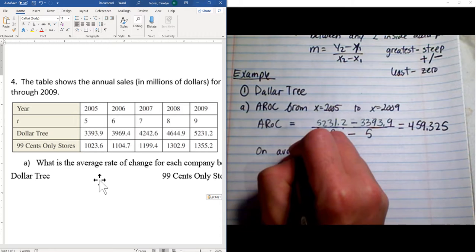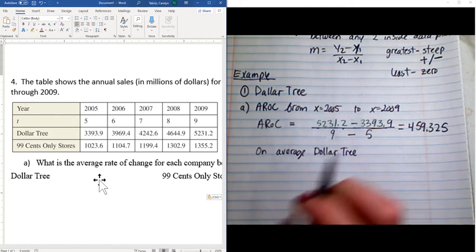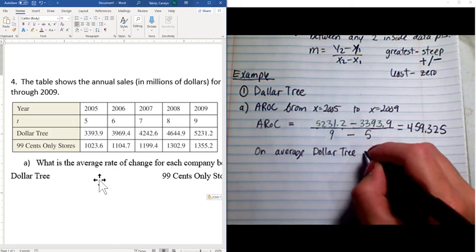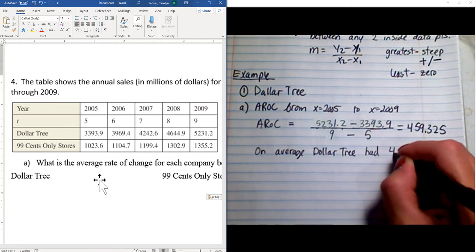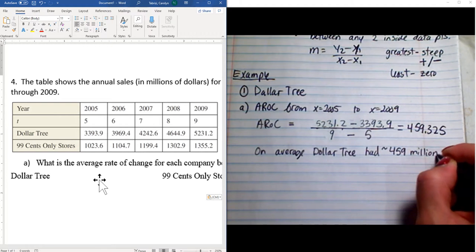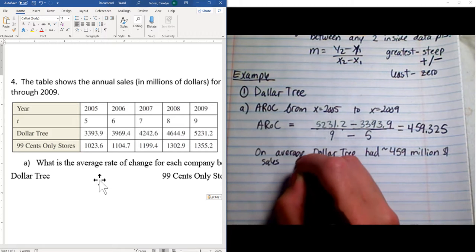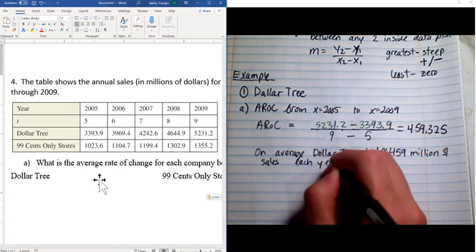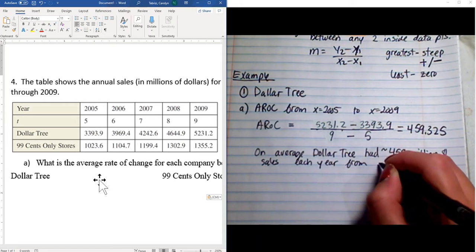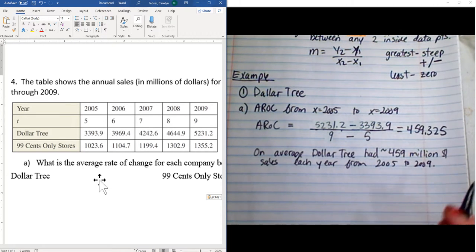On average, Dollar Tree had, now I'm going to say approximately, $459 million sales each year from 2005 to 2009. Now some of those years were more, some of those years were less, but on average, that's how much they went up by.